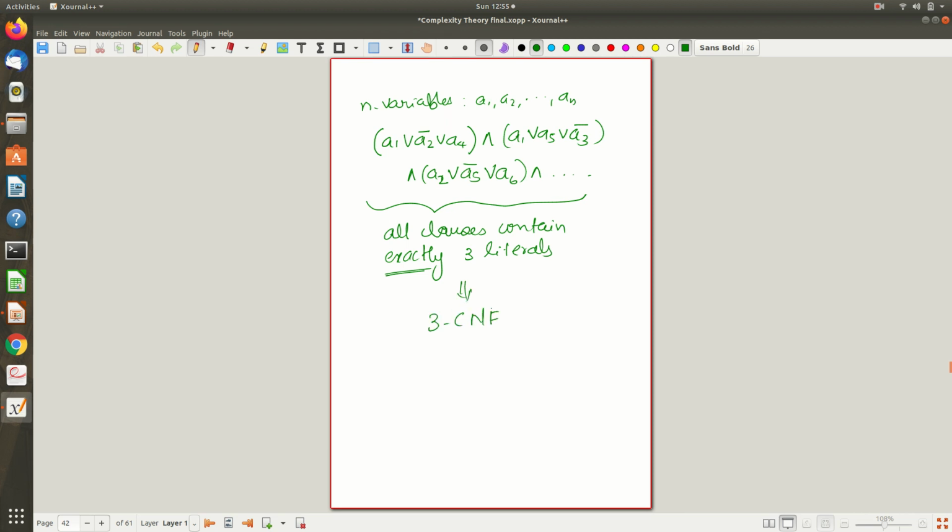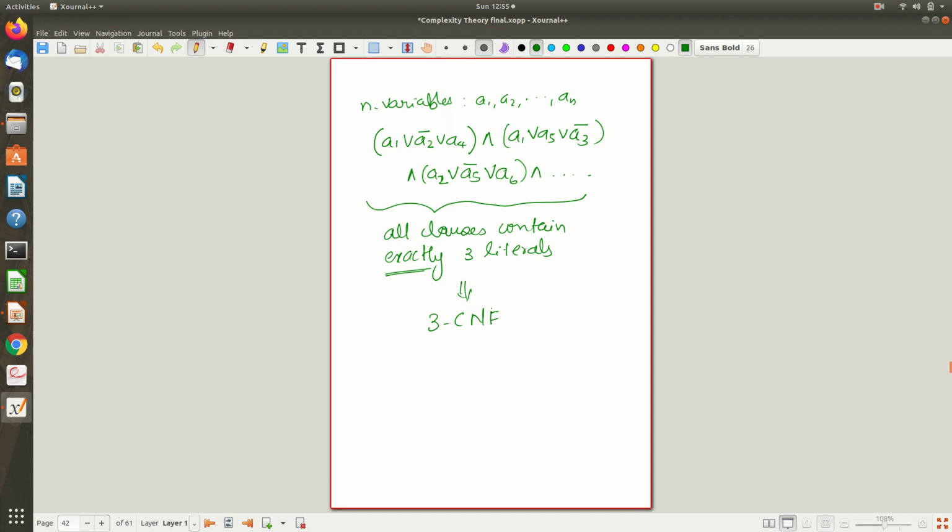So basically conjunctive normal form with every clause containing exactly 3 literals, and there is some speciality about it that we will see. In general, if you are looking at conjunctive normal form, there is no requirement like this. You can have clauses containing any number of variables, and we are not restricting, and this is a special case where we are restricting every clause to contain 3 literals.